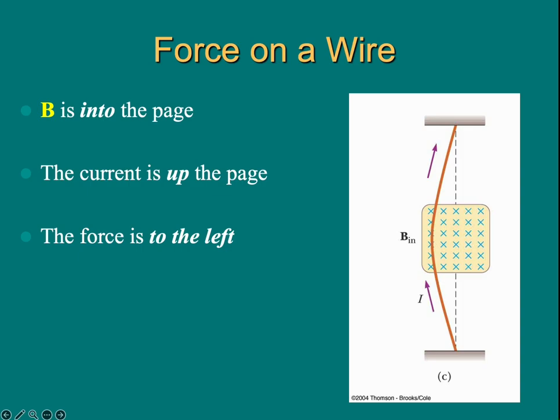So I need to have my palm facing the screen. I would have my forefingers pointing in the current direction up first, curve into the screen, and my thumb would point to the left, which gives me the magnetic force on the current.